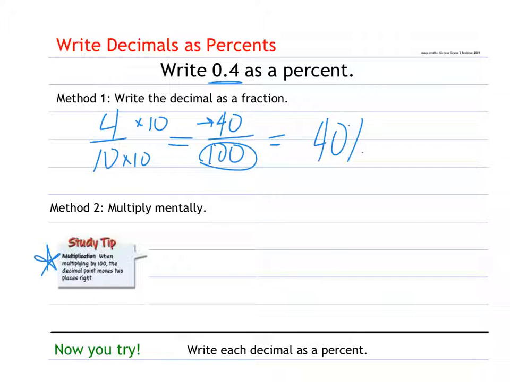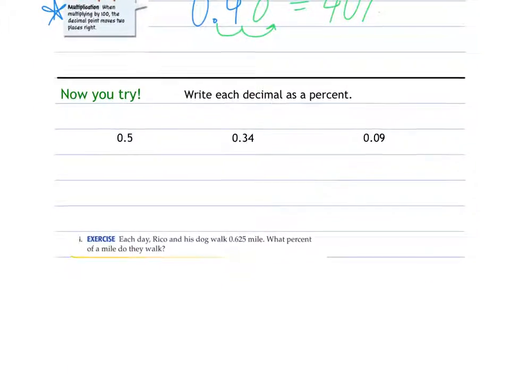So, because percents are out of 100, if we have a decimal, we multiply by 100 to turn it into a percent. And multiplying by 100 moves the decimal spot 2 to the right. So starting where our decimal is here, we move 1, 2 spots, fill in with a 0, so that would be 40%. 2 methods, either one works.